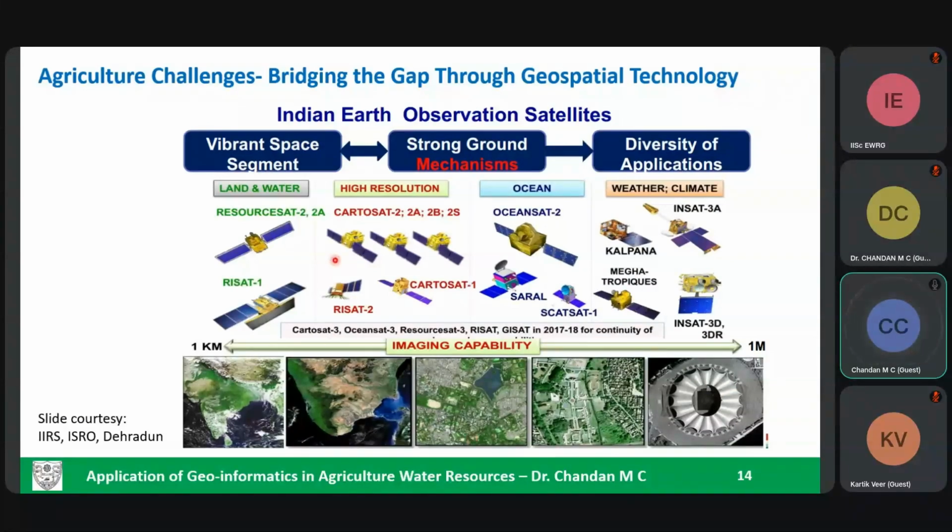So we have ResourceSat, Cartosat, which is a high resolution satellite, and we also have large-coverage satellites like OceanSat, which can monitor larger areas, and weather-oriented satellites, which can give you information about rainfall, temperature, and cyclones or any other extremities.